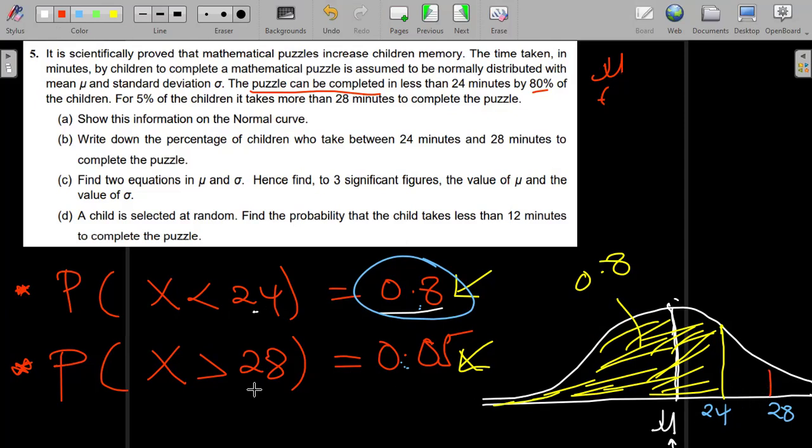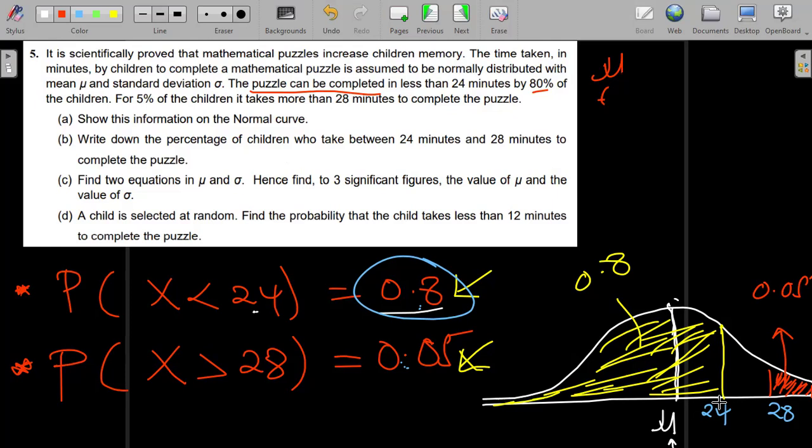They're saying X is greater, so it means this area here, going all the way to where this bell-shaped graph ends. So this part in red is 0.05. Okay, so we've shown this information on the normal curve.